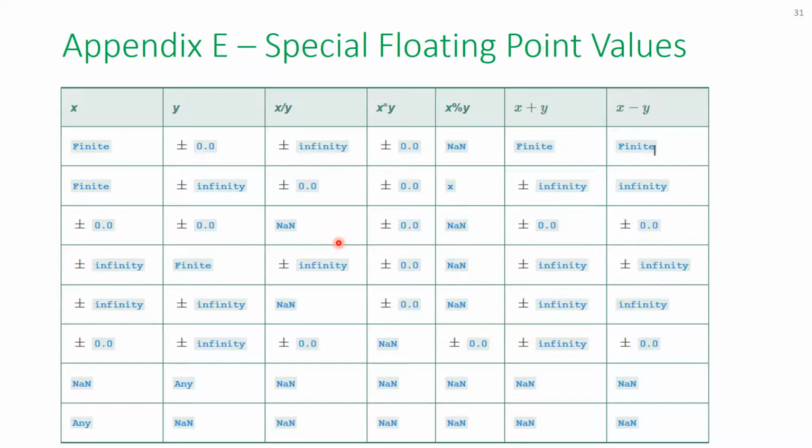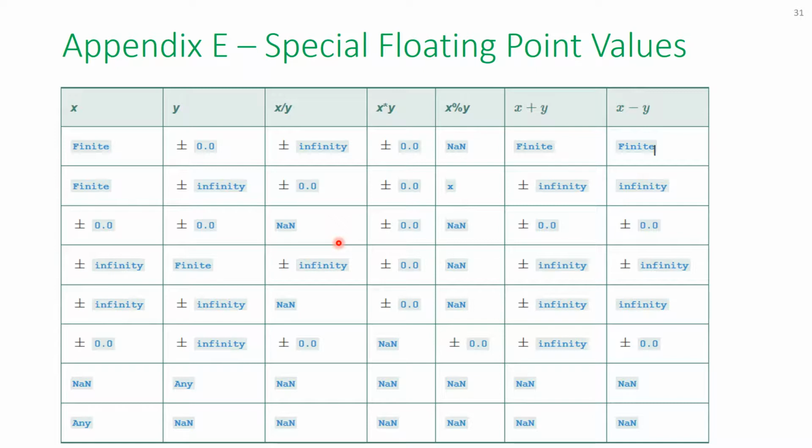And then the table is going to say, well, what happens when x has a finite value? Again, finite is not a keyword, right? That just means it's a floating point value that is acceptable, that can be encoded. It's not infinity, it's not anything like that, right? So when x has a valid value, what happens if y is 0.0?